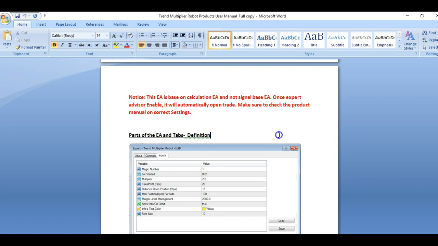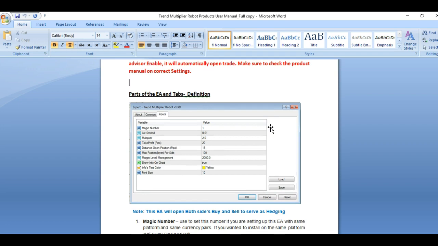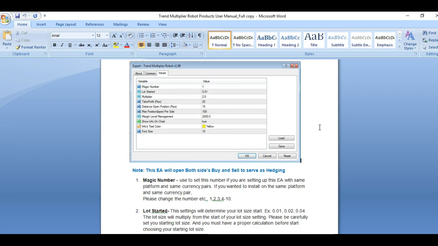So that should be good enough, right? But some others are more greedy, so they set up with a very high lot size and they don't even know what the calculation is and end up losing money. All right, so go through this video and this particular manual before going through all the settings.